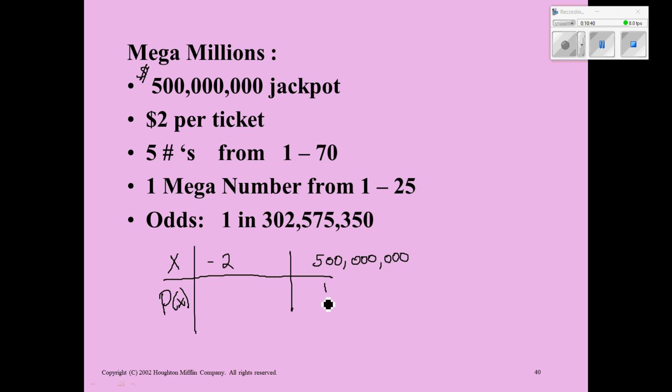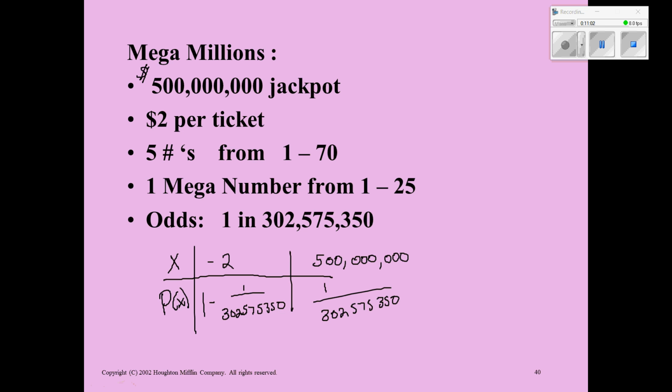Your possibility of winning is 1 divided by 302,575,350. And your possibility of losing, I am just going to write as 1 minus this number. That makes it much easier when I go to put it in my calculator sometimes.